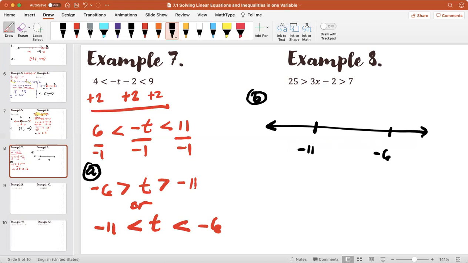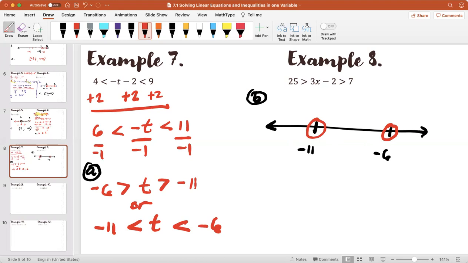Negative 11 less than t less than negative 6, or we can say that t is between negative 11 and negative 6, right? So at negative 11, it's open. At negative 6, it's open. And the solutions are in between negative 11 and negative 6.